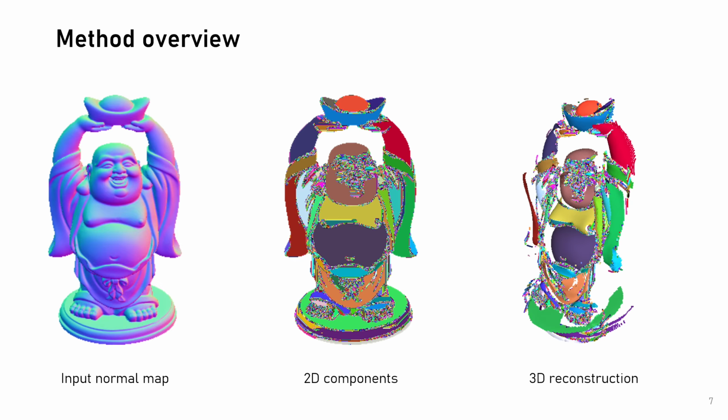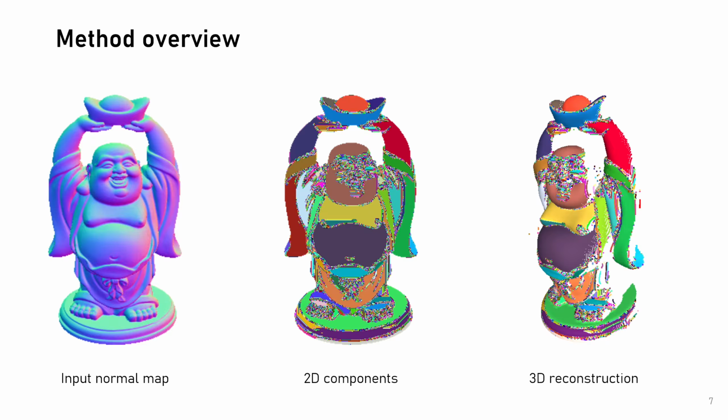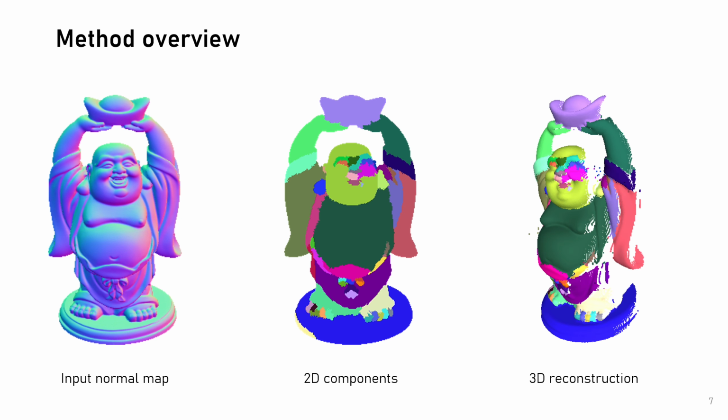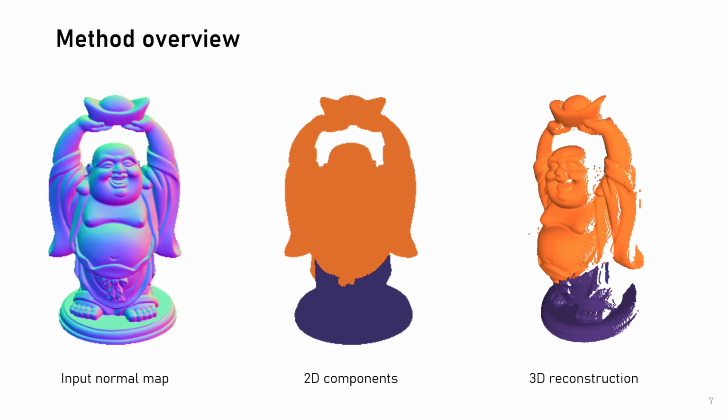We then optimize their relative scales, initially to globally align them, and later taking discontinuities into account. Optionally, neighboring components that share continuous edges can be merged over time. This further reduces the number of variables and constraints, which is beneficial for large input maps.